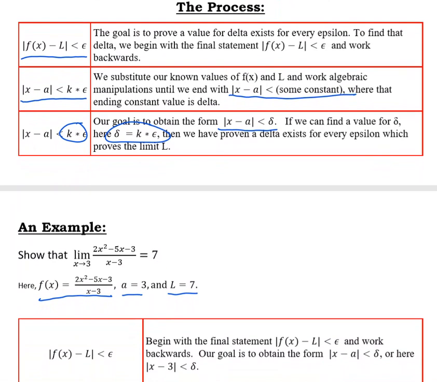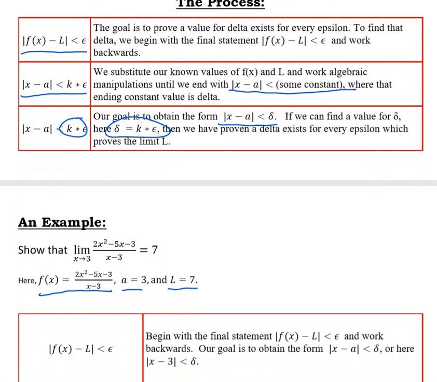So again, we're going to begin with the final statement, absolute value of f of x minus L less than epsilon, and work backwards. Again, we want to obtain absolute value of x minus a being less than delta. Since our a value is 3, we want to end up with something that says the absolute value of x minus 3 is less than delta.